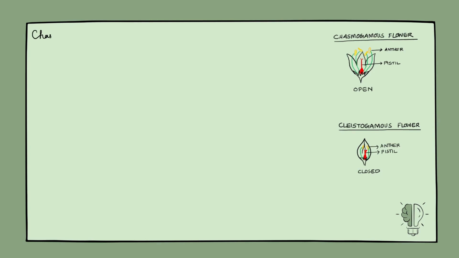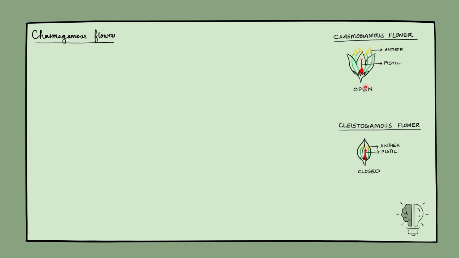Now let us first see what are chasmogamous flowers. Now these are flowers which are similar to the flowers of other species. Now in this figure, you can see that the flower is open.